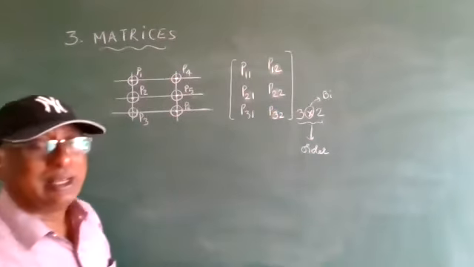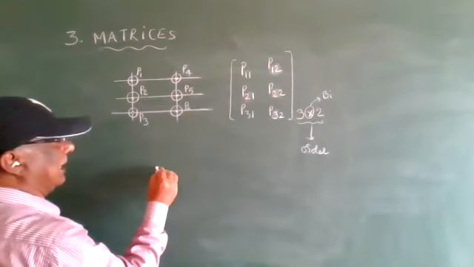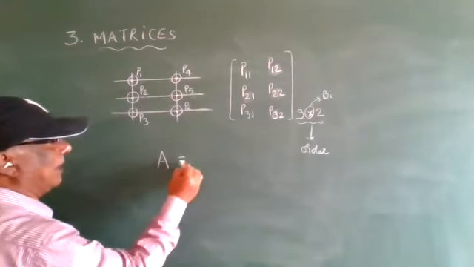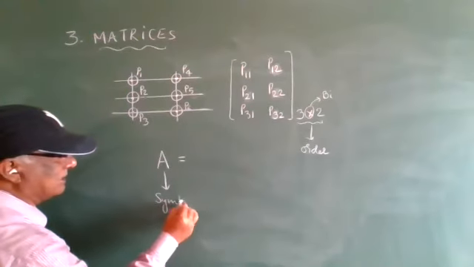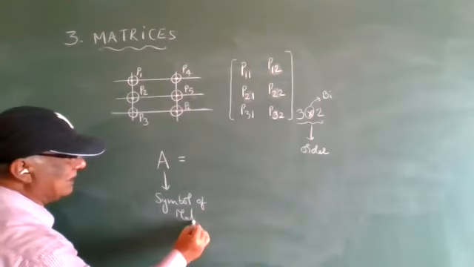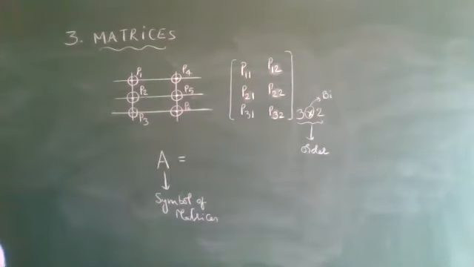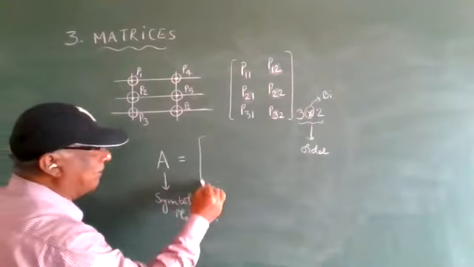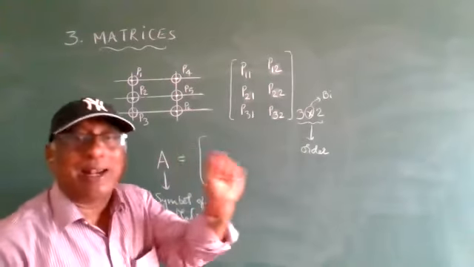Okay, clear everyone? Right. The matrices are represented by a capital letter. This is the symbol of the matrices. The symbol of the matrices is a capital letter. Elements are represented by small letters. Okay?